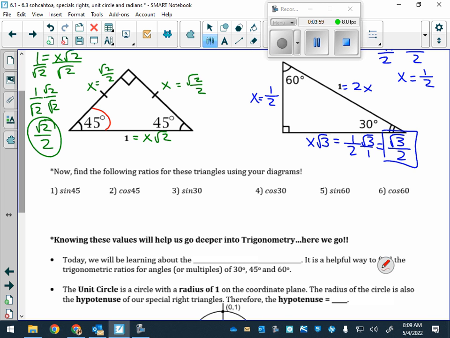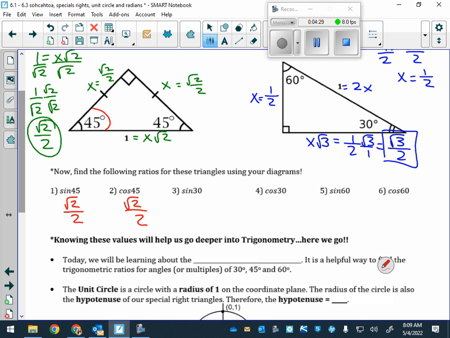So we have root 2 over 2 over 1, which is just root 2 over 2. Cosine of 45 would be what? Yeah, Mia. Yep, root 2 over 2. Because it's adjacent over hypotenuse.